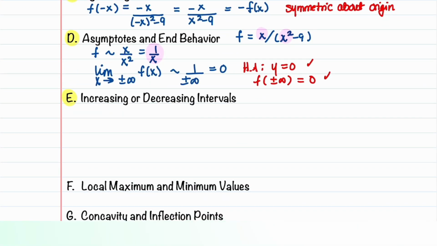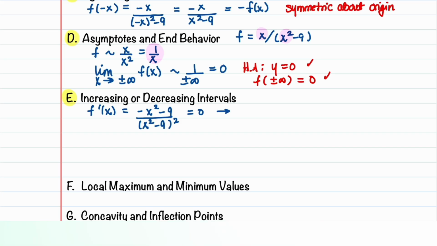Let's now look at increasing and decreasing intervals. For increasing and decreasing, we need to look at the first derivative. I'm going to write down f prime of x. From up above is minus x squared minus 9, all divided by x squared minus 9 quantity squared. And we need to set this equal to 0.